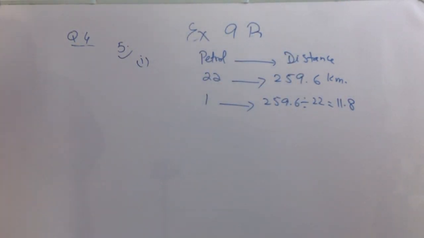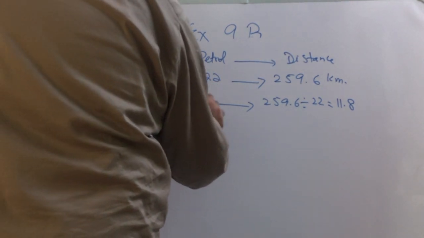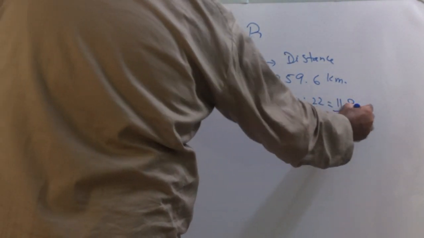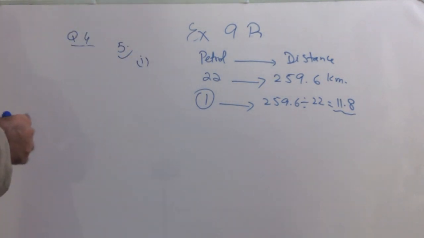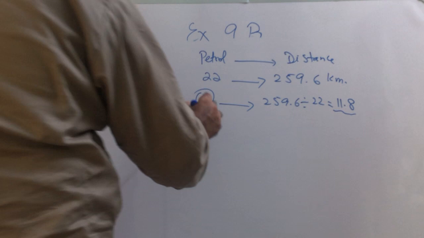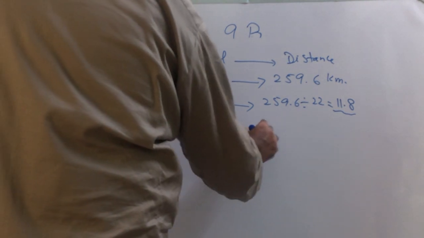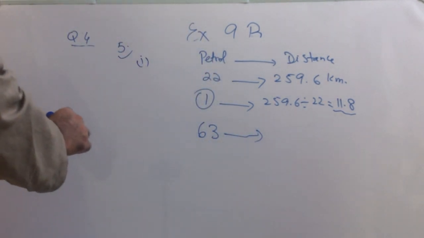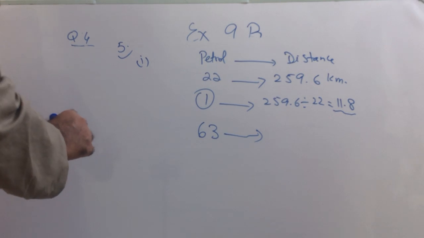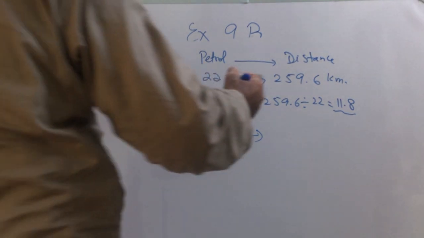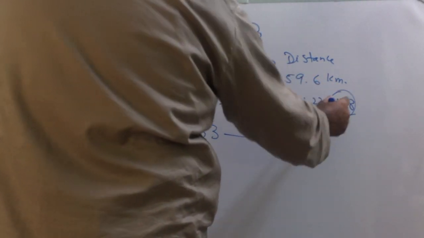Now the question is the distance that the car travels on 63 liters of petrol. If we have 1 liter, we can travel 11.8 kilometers. Now if we have 63 liters of petrol, we will be traveling more distance.